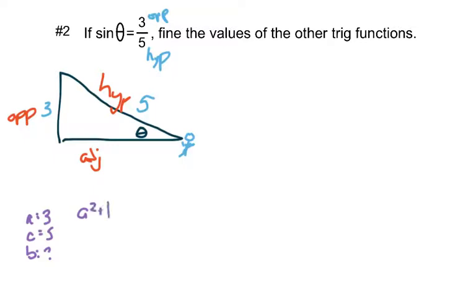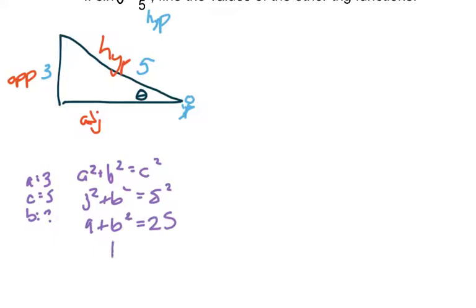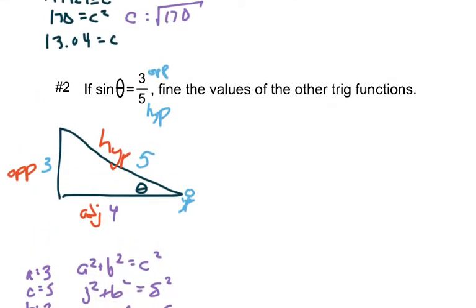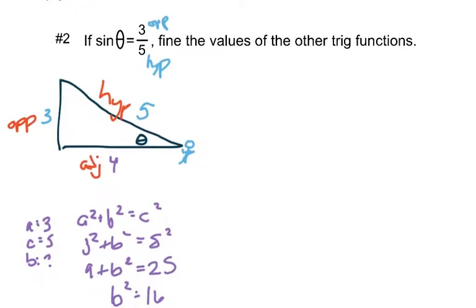Which means in the Pythagorean Theorem, we would have 3 squared plus b squared equals 5 squared, or 9 plus b squared equals 25, or subtracting out that 9, we get b squared equals 16, and so therefore b is 4.